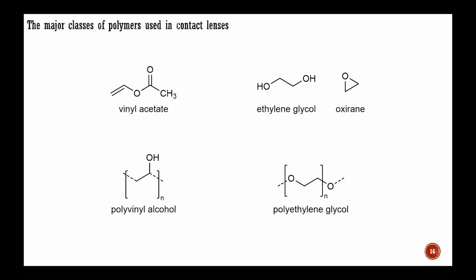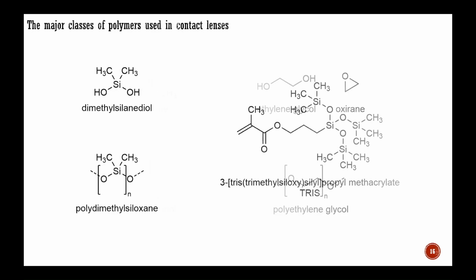In addition, polymers such as polyvinyl alcohol and polyethylene glycol have been used to improve how easily the lens surface is wetted by tears, which is important for preventing dryness. Finally, polydimethylsiloxane has been incorporated into lens materials for its outstanding oxygen permeability and overall comfort. In the following sections, we will examine the specific details and benefits of each of these polymer groups.